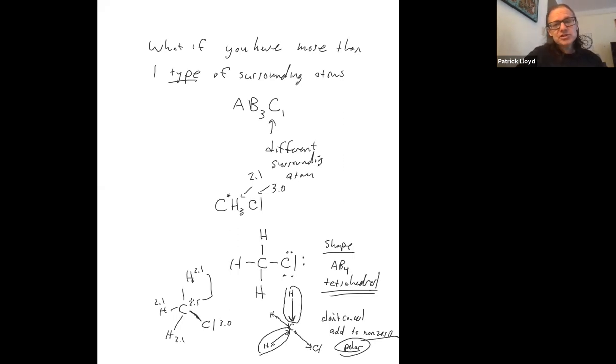The shape suggested that it would be nonpolar, but by having a surrounding atom that is different from the other ones, that will very often switch it to being polar. So if you see chlorines and hydrogens mixed together, they're typically polar. If you see fluorines mixed with hydrogens as surrounding atoms, it's generally polar. Okay, so that's sort of the last kind of nuance to those sort of problems.